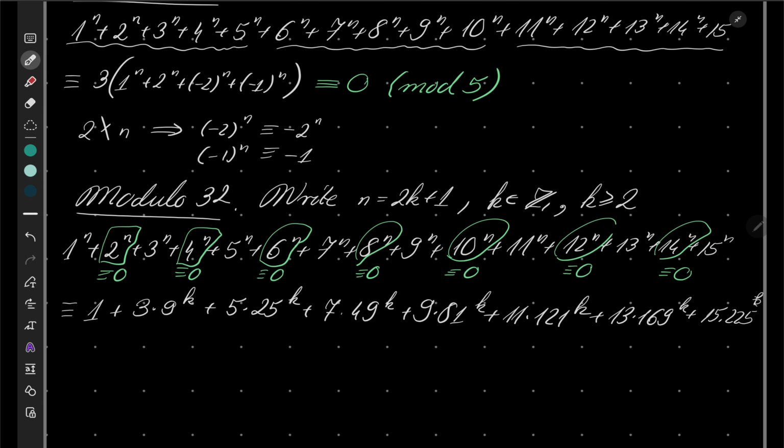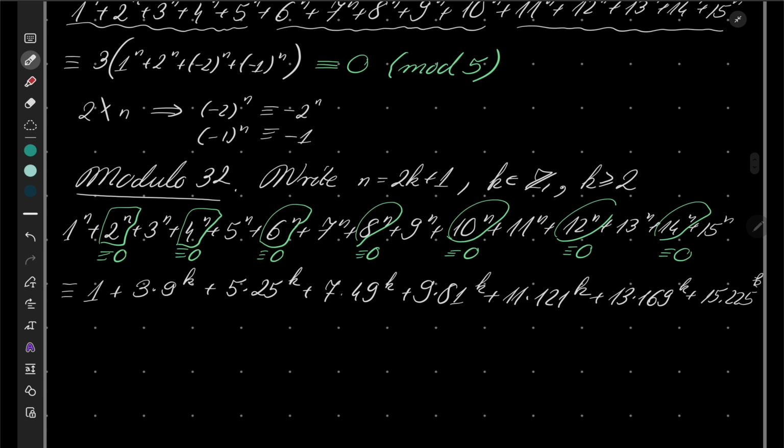Okay. And now we will group our numbers. First of all, we will reduce modulo 32.